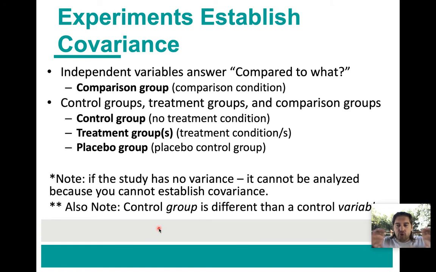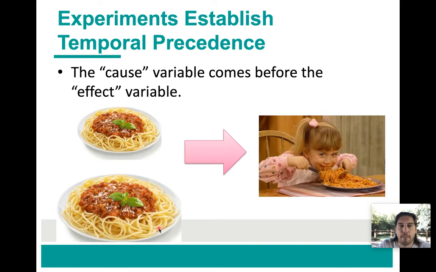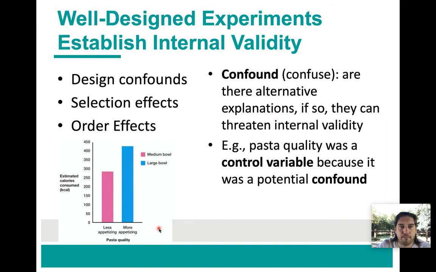We control age for everyone. That's a control variable because it goes across the entire experiment. A control group is just my group that gets the sugar pill, or just my group that does nothing. They don't change anything about their lives. They're the sort of benchmark, right? They're the comparison point. Okay.